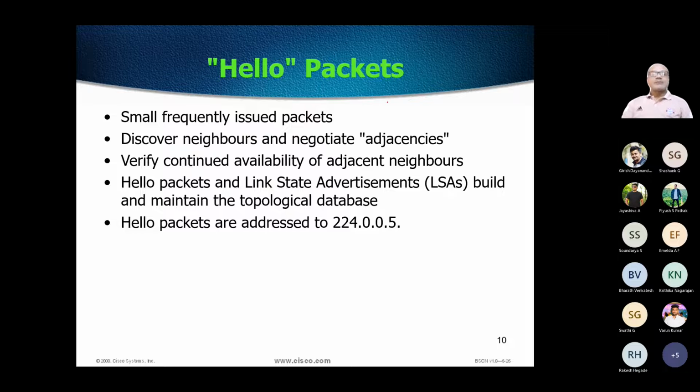With small frequency the packets are issued to discover neighborship, negotiate, form the adjacency, and then verify continuous availability of your neighbors. Hello packets send LSAs and build and maintain your topology database, not table. Hello packets are also discovered by 224.0.0.5. Just remember this one, guys.